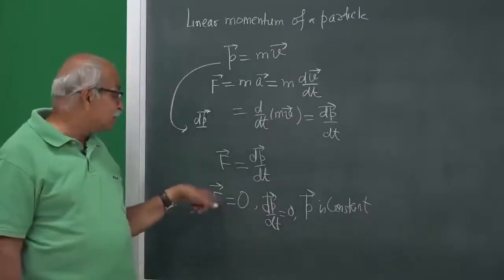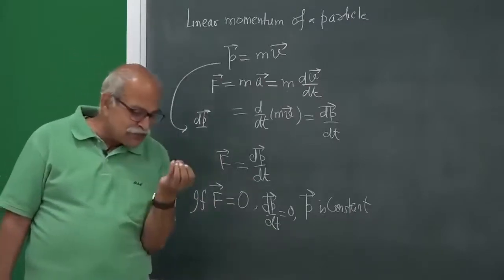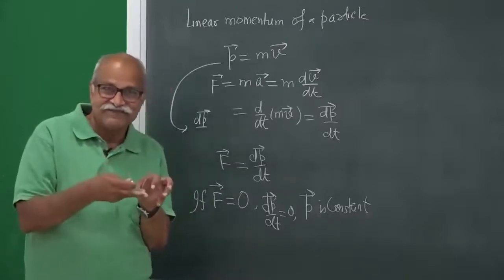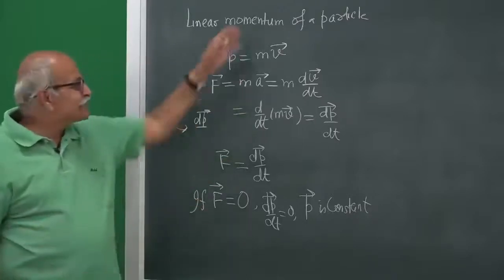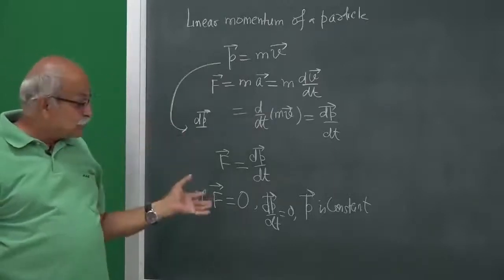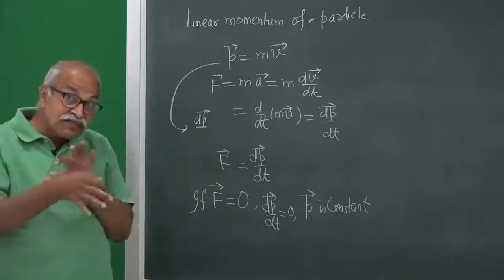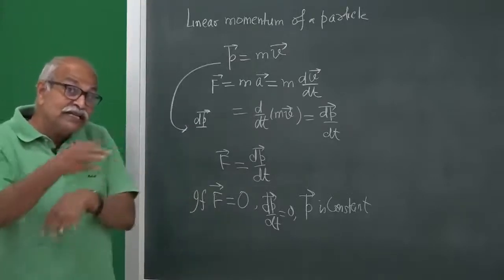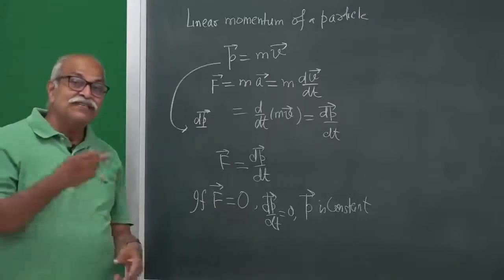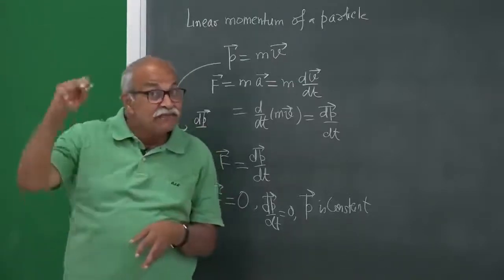So far I am not talking of external or internal forces. It is one particle and I am absolutely not interested in what is going on inside. So, any force on this is external. That is why I am not using the word external force so far, but once you go to a system of particles where different parts of the system can exert forces on each other, those forces are called internal forces, and any force which is coming from something other than this system will be an external force.